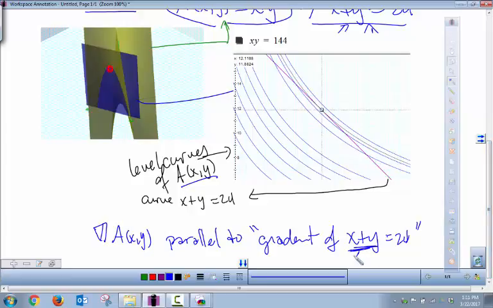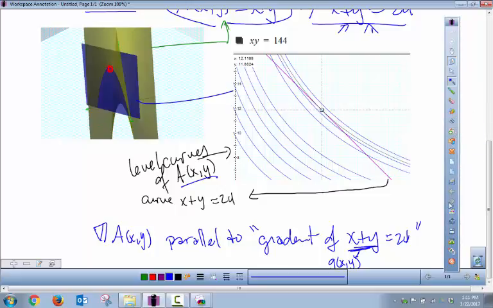So let's call this g of x, y. All right, so that's the whole setup of this idea of Lagrange multipliers. Lagrange multipliers assumes that the gradient of your function that you're trying to maximize or minimize is going to be parallel to the gradient of the constraint. Okay?